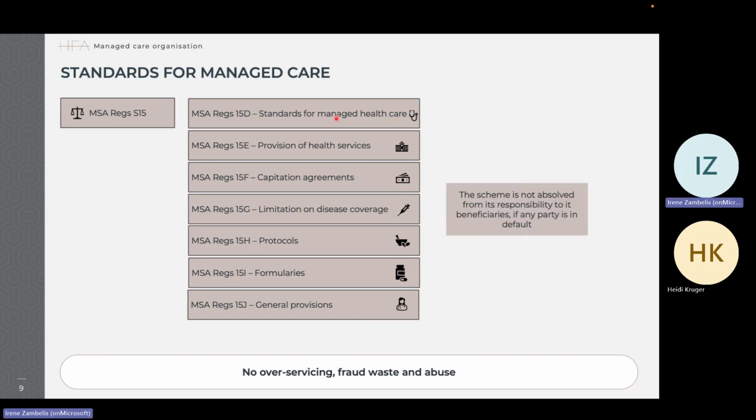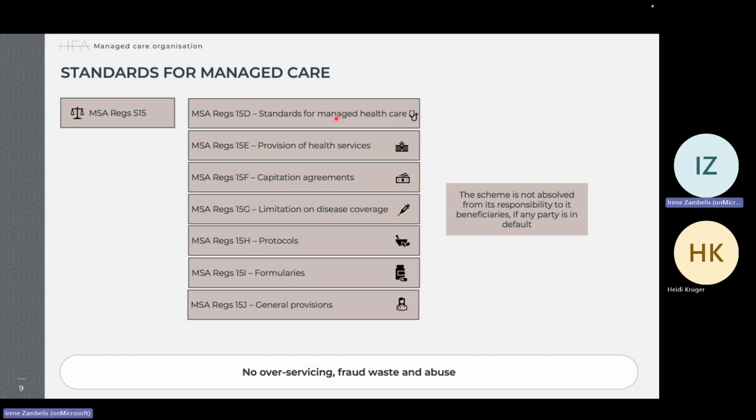What is also important though, Heidi, because the scheme has the contract with its beneficiaries, the scheme cannot abdicate its responsibility to its members just because they have a contract with a managed care organization.